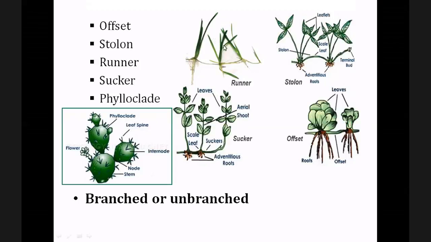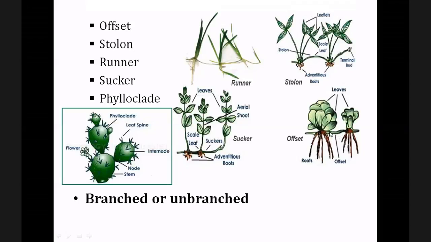In the picture you can see the offset. These internodes arise from the leaf axil. From the base of this leaf axil, these offsets arise. Then these internodes grow horizontally.